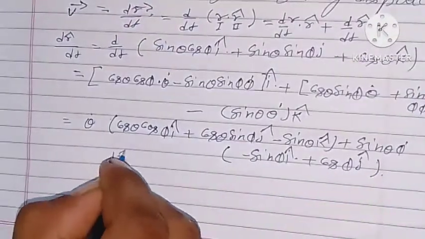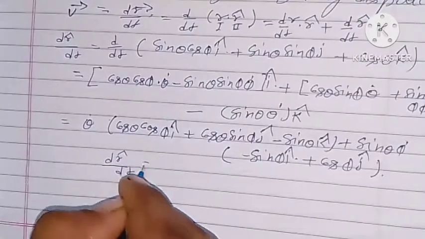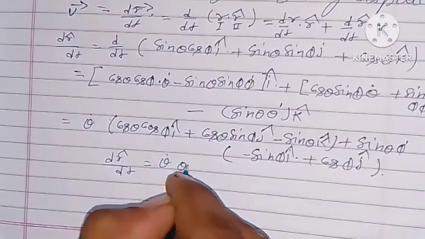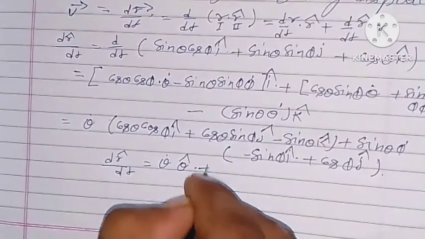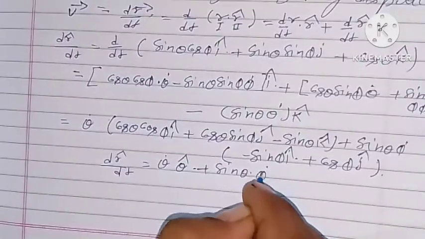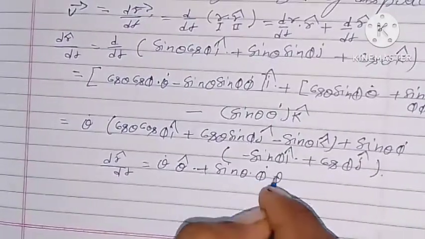Then d unit vector r upon dt equals theta dot into unit vector theta plus sin theta into phi dot into unit vector phi.